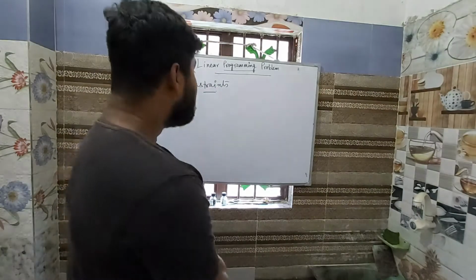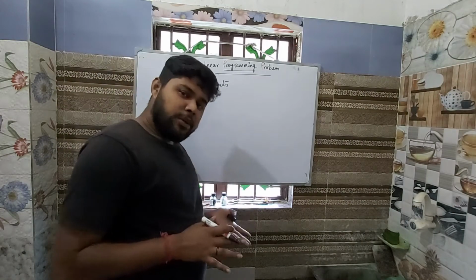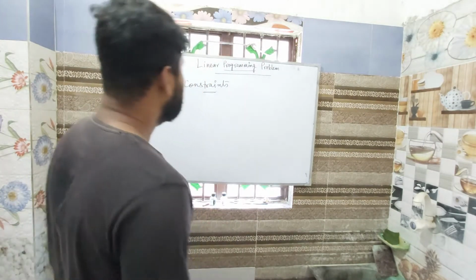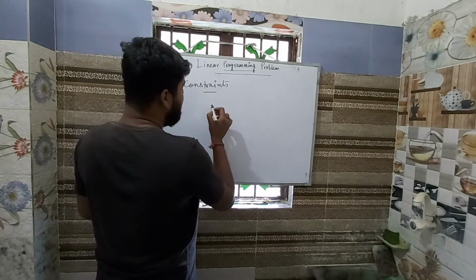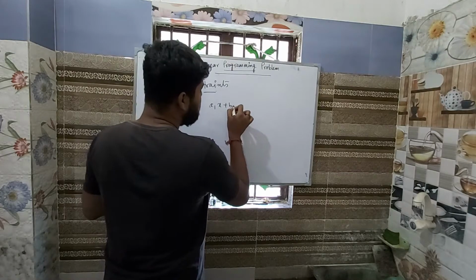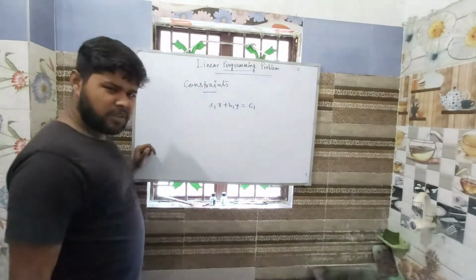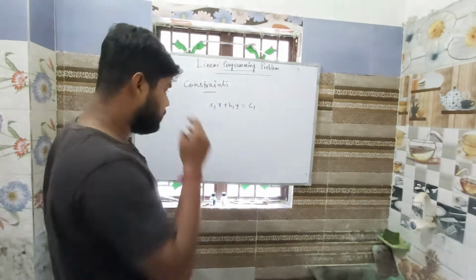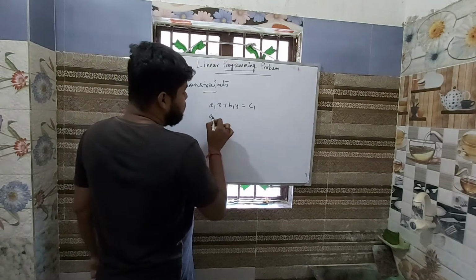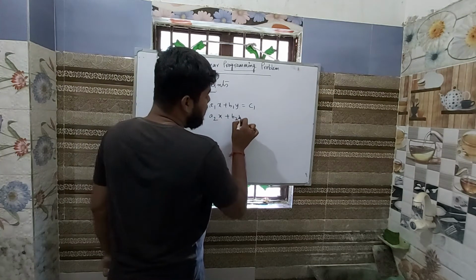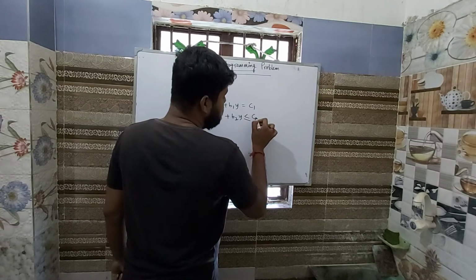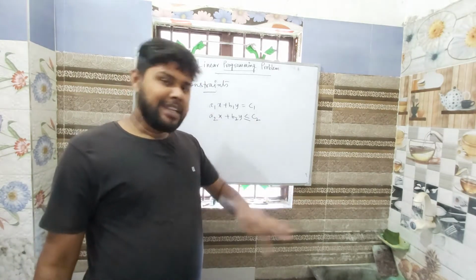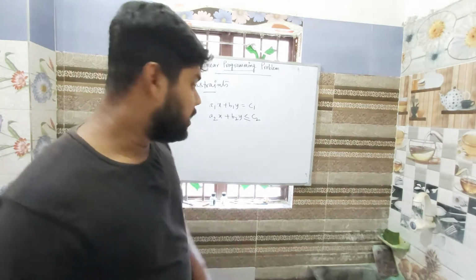Now these constraints are generally linear equations or inequations in the variables x and y. So the constraints may be like a1x plus b1y equals c1. Obviously a1, b1, c1 are different from a, b and c in the objective function. Or it can be a2x plus b2y less than or equal to c2. Now obviously this can be less than or equal to, greater than or equal to, less than, greater than. It can be any sign of inequality.